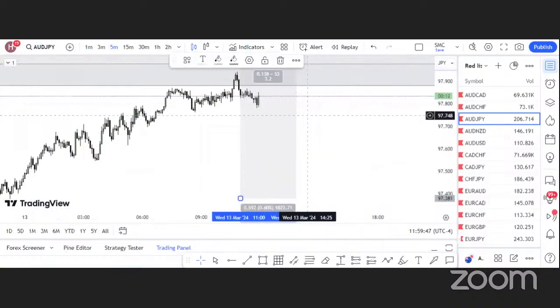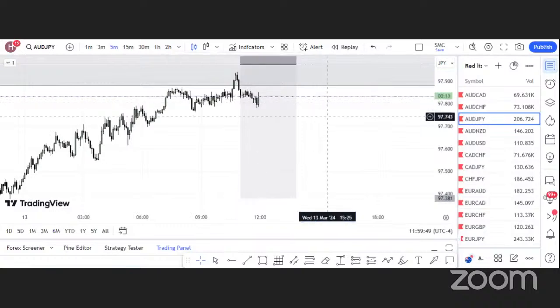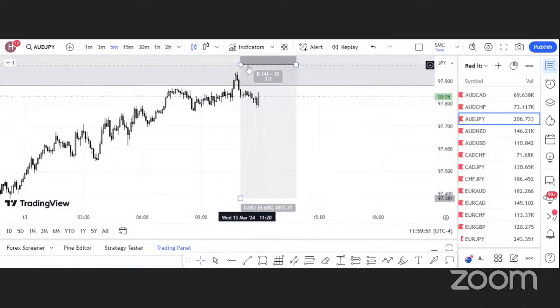The candle is about to end, and it's nowhere close to our entry point. But it's all good.